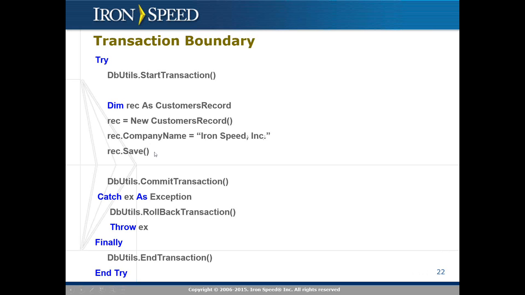Okay, and then I'm going to save. Now, this simplistic example obviously presumes that there's no other required fields for the customers table, and so on, right? And then, of course, because I'm changing data to the table, at this point I haven't committed this record to the database yet, so it's still sitting in memory. That's where I have to commit the transaction.